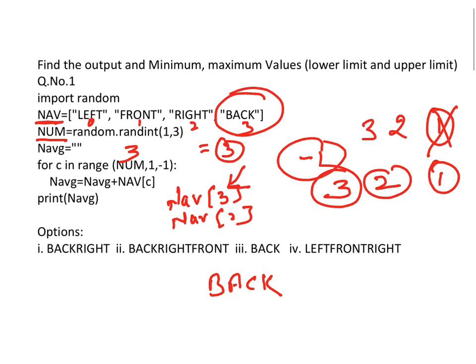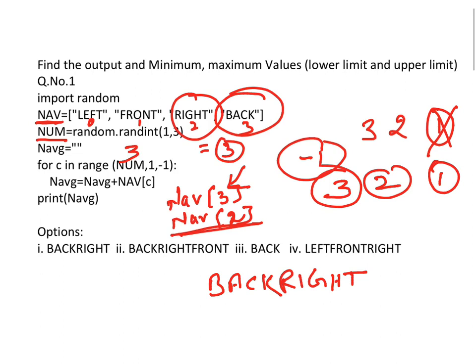Now in the next step it will come for nav[2], and in the second place the value given is RIGHT. And now in the third step, the loop will exit from there.